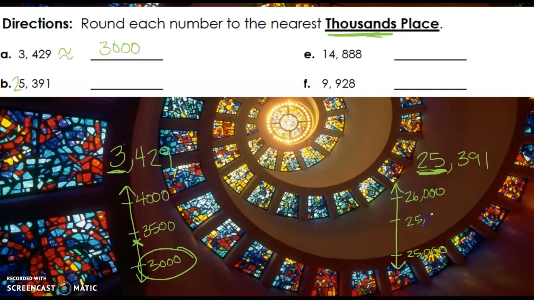Halfway, 25,500. So 25,391 is a little bit below the middle. So since it's below, it's closer to the floor, we're going to round down and say this is about 25,000.